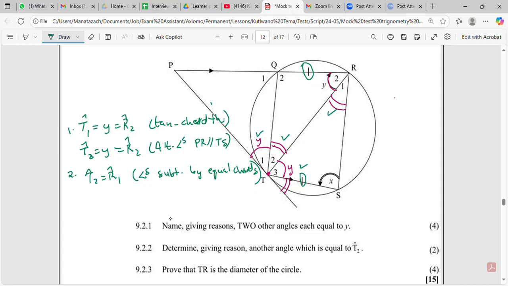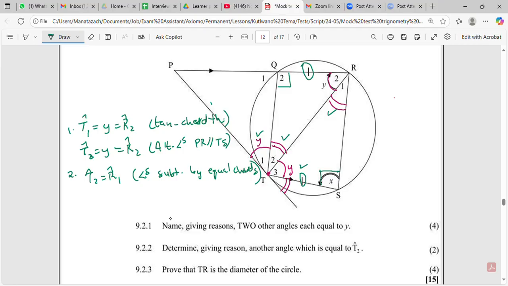Then let's do the final question. Number 3, prove that TR is a diameter of the circle. So here is TR, it cuts across the circle. If it's a diameter, there are several possibilities to prove that. We can either prove that X is 90, or we can prove that Q2 is 90, that would be the angle subtended on a semicircle.